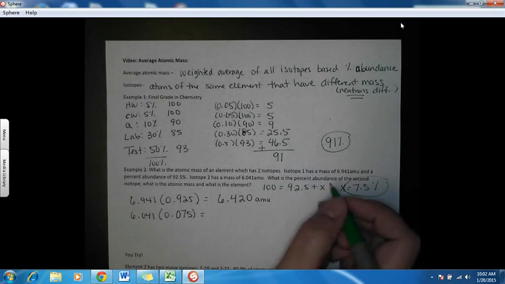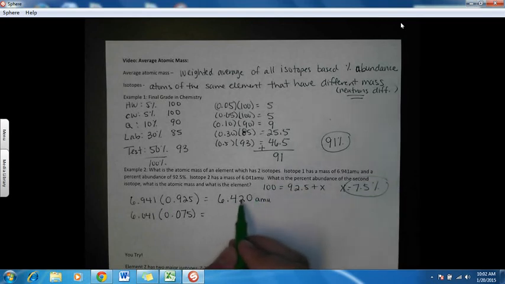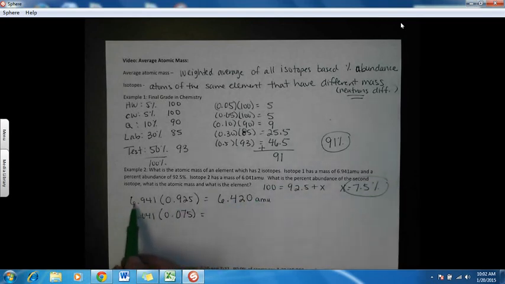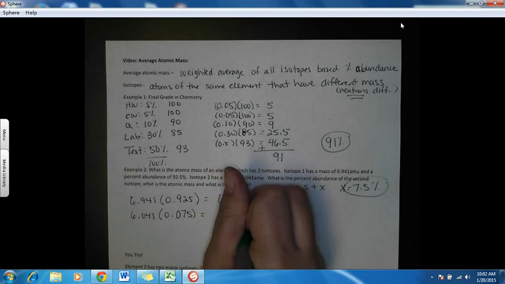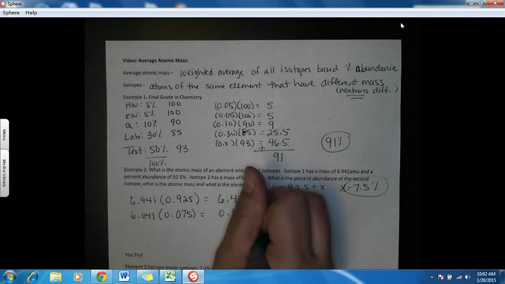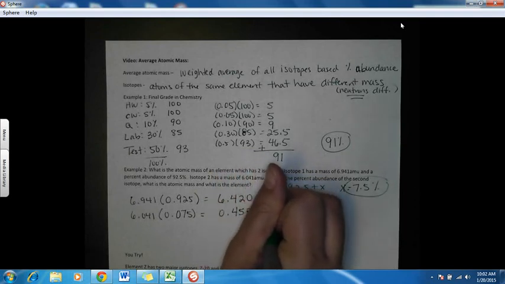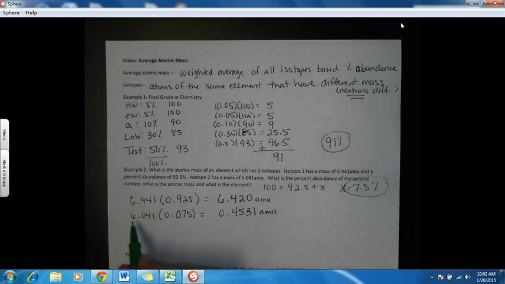And therefore, you would round to your number of significant figures in your measured mass. So our measured mass in the second one, 6.041 times 0.075, gives us 0.4531. Again, I needed 4 significant figures because I had 1, 2, 3, 4 in my measured mass.